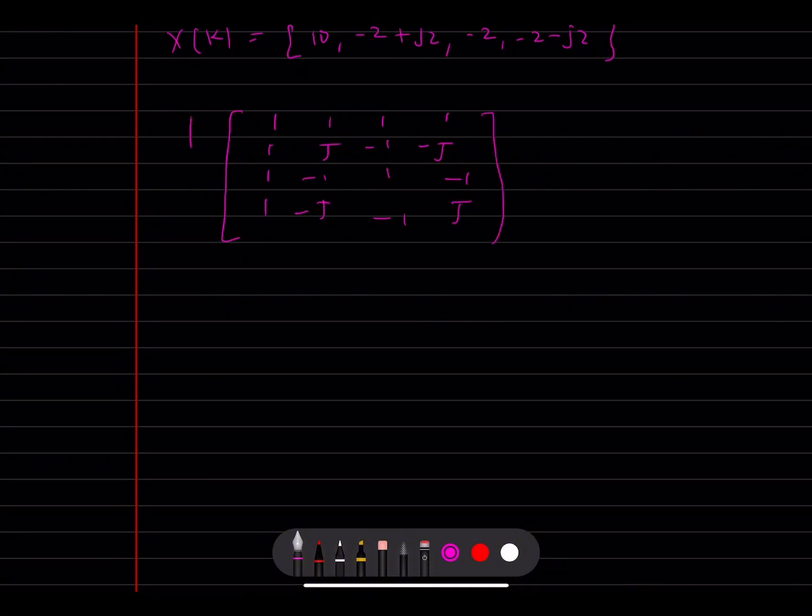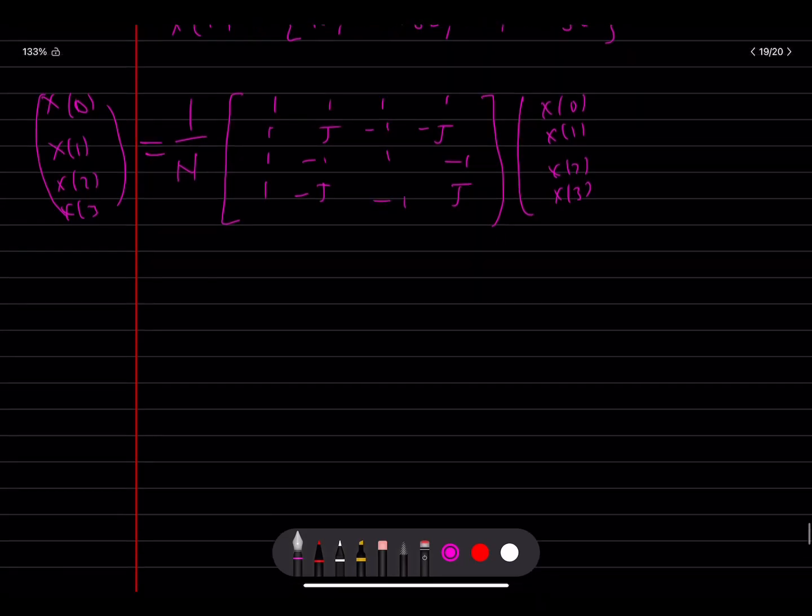But remember that it's 1 over N. Don't forget that. And then we multiply by the input, which is X of 0, X of 1, X of 2, and X of 3. So this is it.